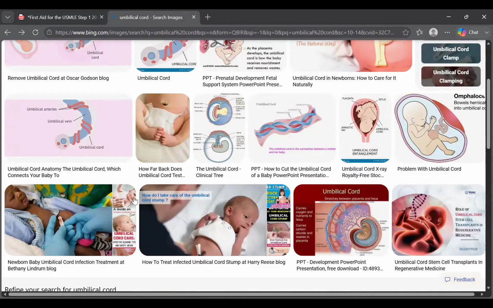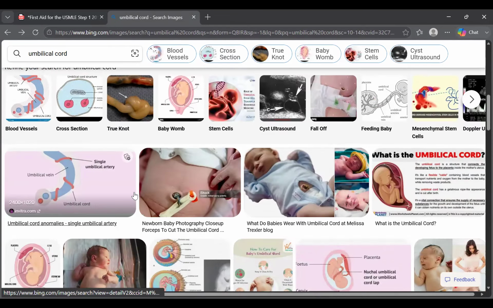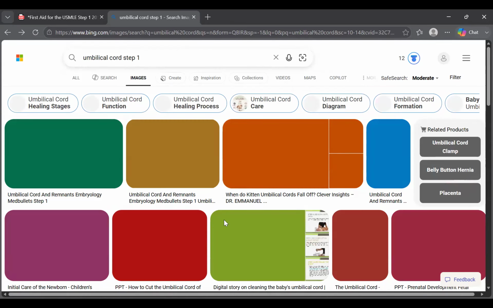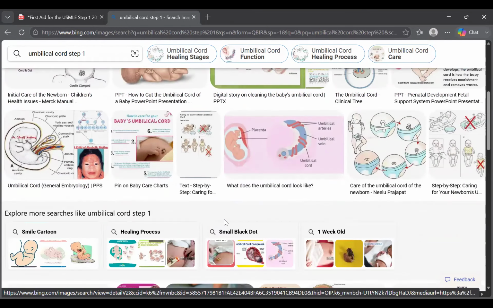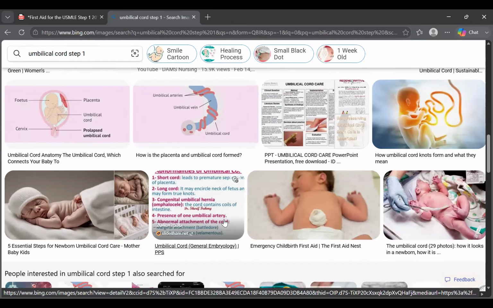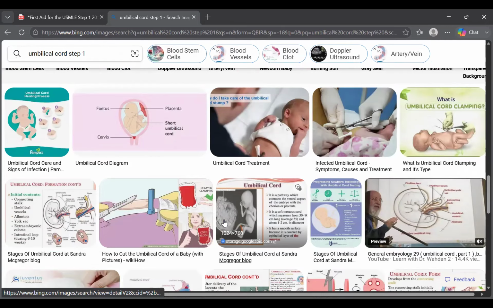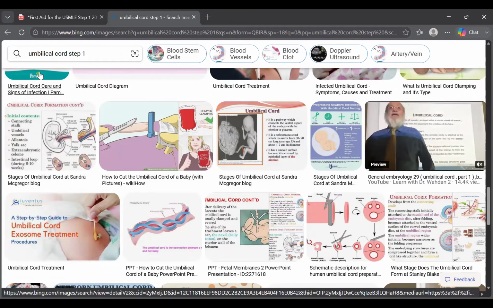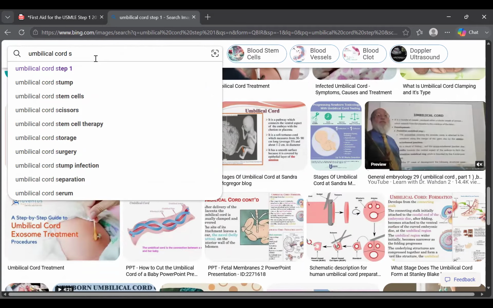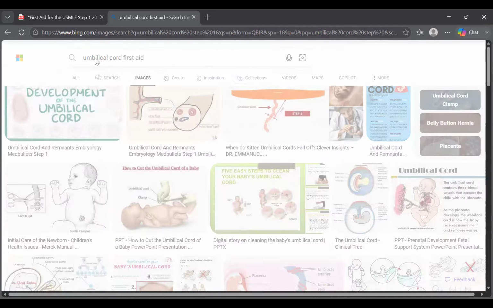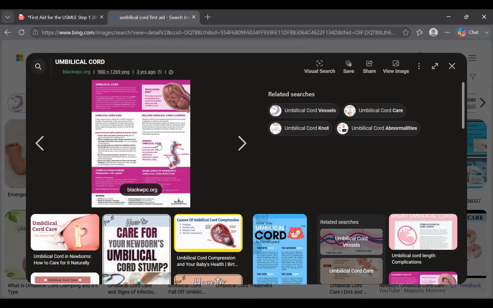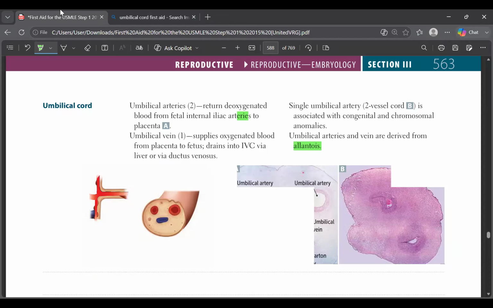I think it is. Diagrams of it. That's right.